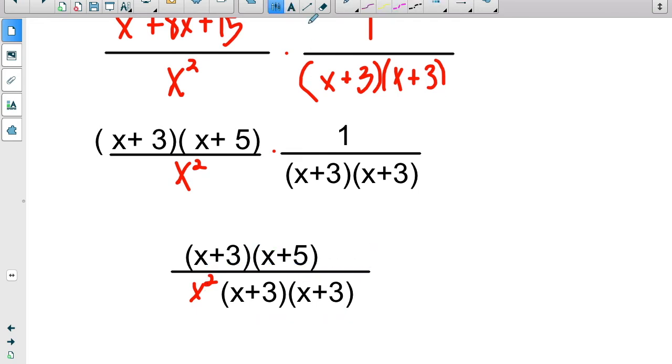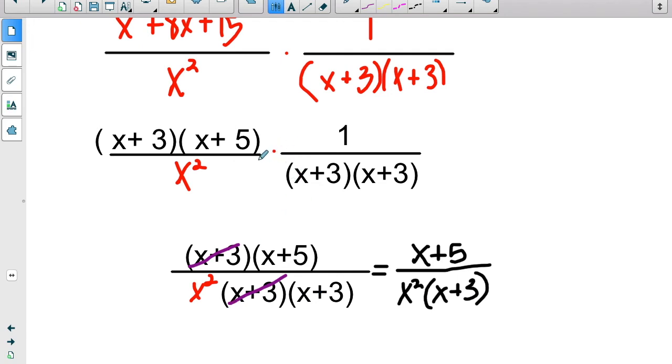And now we can simplify anything that's in common on top and bottom, which would be an x plus 3 and an x plus 3. Which leaves us with, because nothing else simplifies besides that, an x plus 5 on top, and an x squared times x plus 3 on bottom.